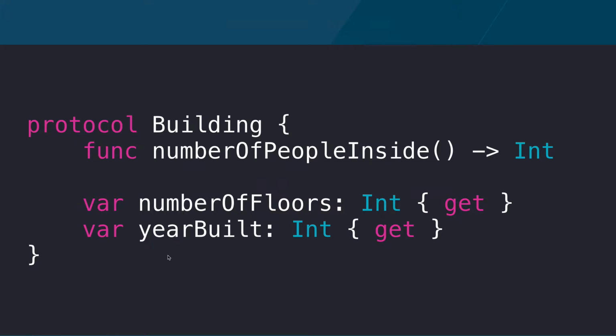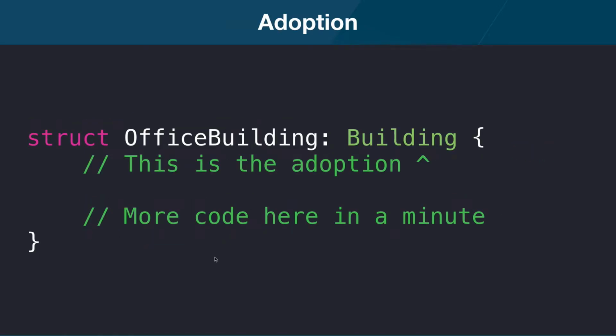So now we need to talk about the adoption and conformance of the protocols. And they're two different things. We're going to look at adoption first. Adoption is when we put a colon after our struct. In this case, we're saying this is going to be an OfficeBuilding. So it's a more specific type of building, but we want to make sure that it is actually a building.